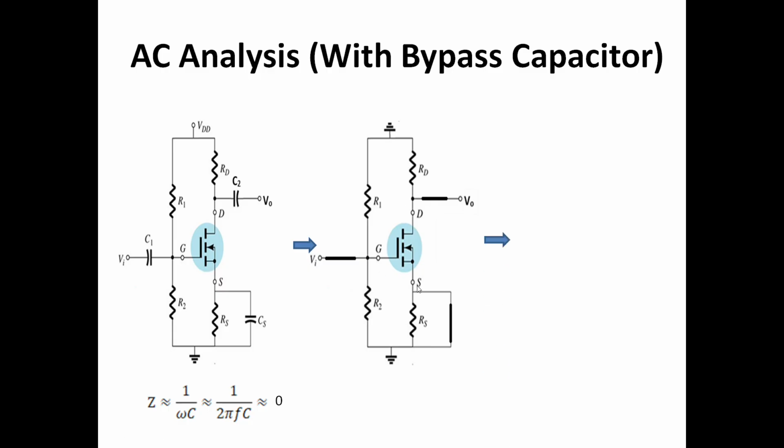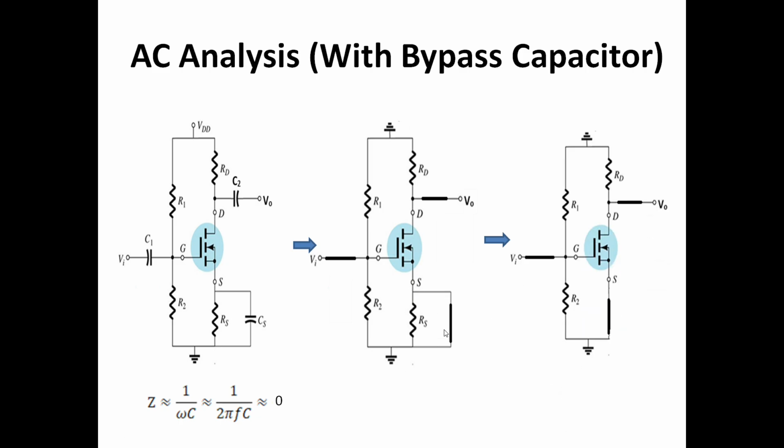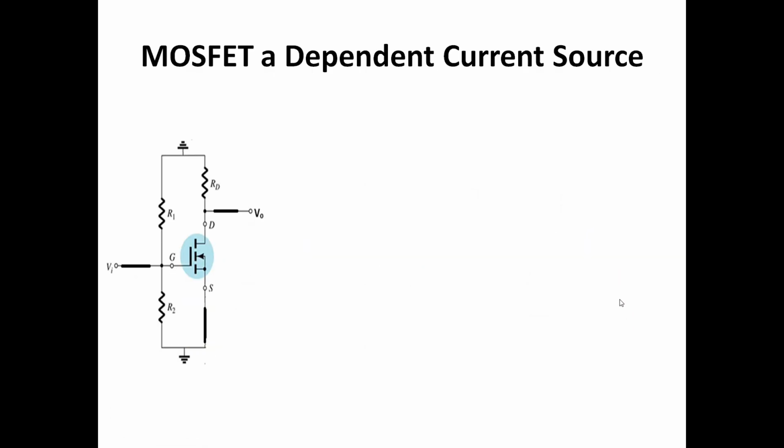As this source terminal is now directly connected to ground, we can remove this source terminal. Then we can remove this RS source resistance, so after removing this, it will look like this circuit. Now the MOSFET: we know this NMOS can be represented with a dependent current source.